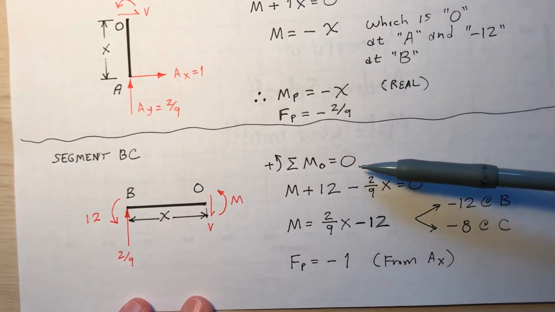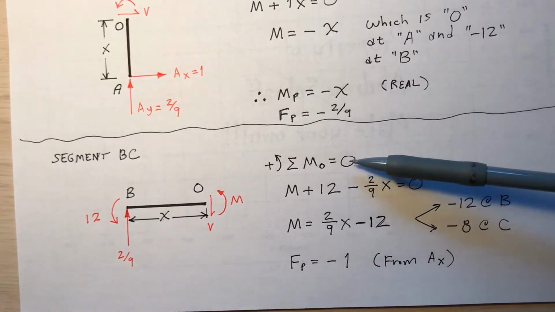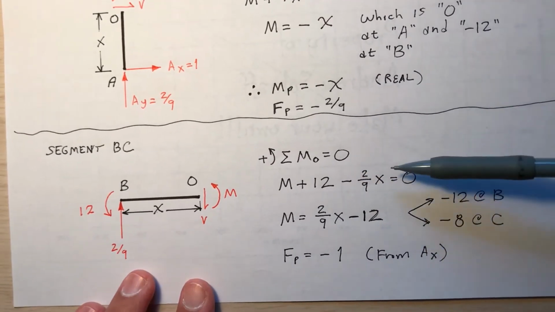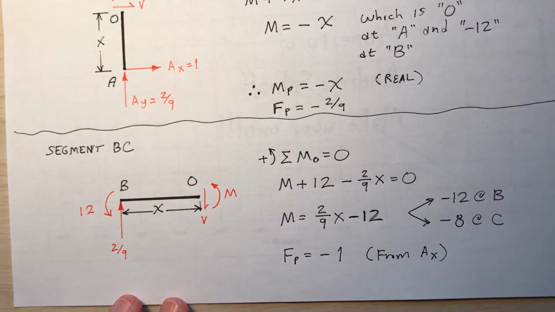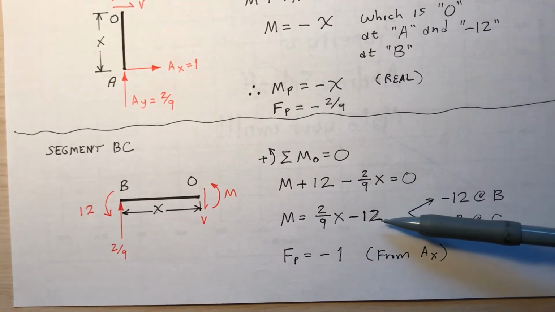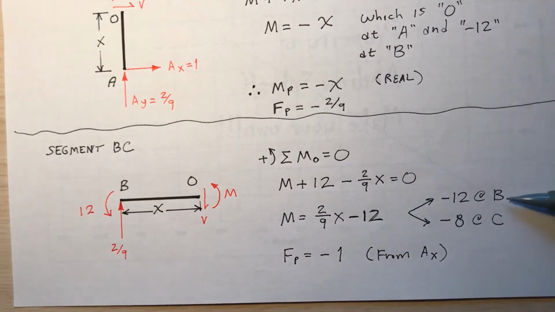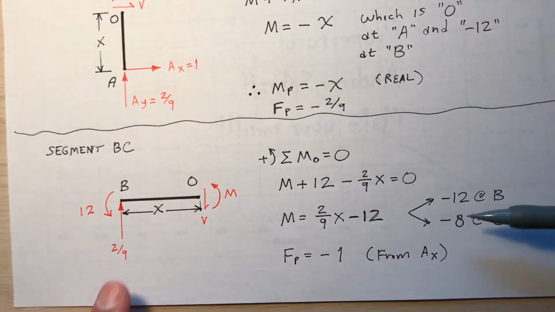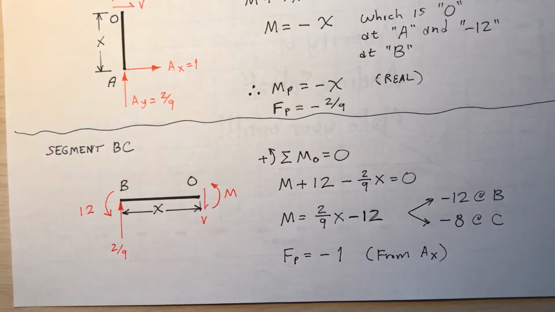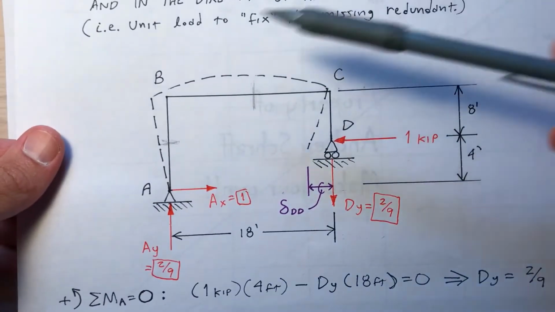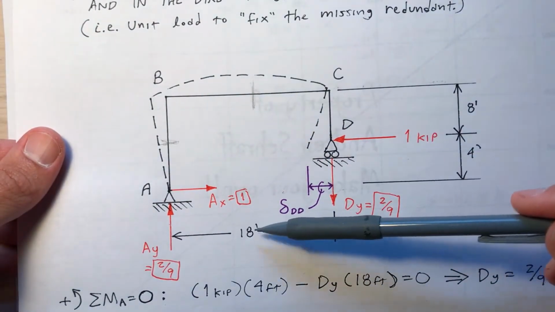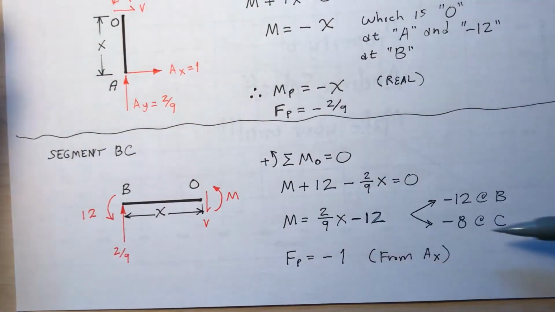Calculate the moment about point O. You know where I'm getting all these equations? So I find that the bending moment is 2/9 x minus 12, the value is negative 12 at B, which makes sense. X can reach a maximum of 18 because the distance between B and C is 18 feet. So if you stick 18 in here, you get negative 8.